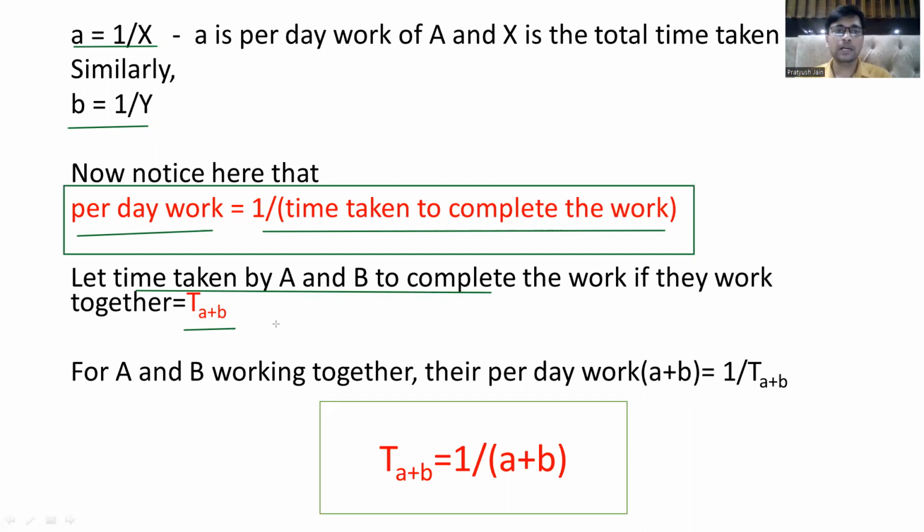So using this formula that per day work is equal to 1 by time taken to complete the work, we say T A plus B is equal to 1 by A plus B. Time taken by A and B if they work together is equal to 1 upon their per day work, which is equal to 1 upon A plus B. Their per day work if they work together is nothing but the sum of their individual per day works, which is equal to small a plus small b. So we get the formula T A plus B is equal to 1 upon A plus B.